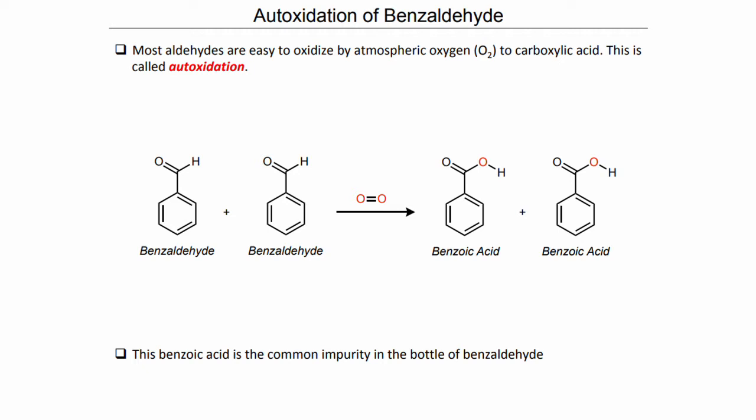This means that our benzaldehyde can easily be oxidized by atmospheric oxygen and form a carboxylic acid. This can be seen here, where we have two molecules of benzaldehyde and a molecule of oxygen. What will end up happening is this oxygen will come over here and form two benzoic acids. Because of this, benzoic acid is a very common impurity in our benzaldehyde stock bottles.